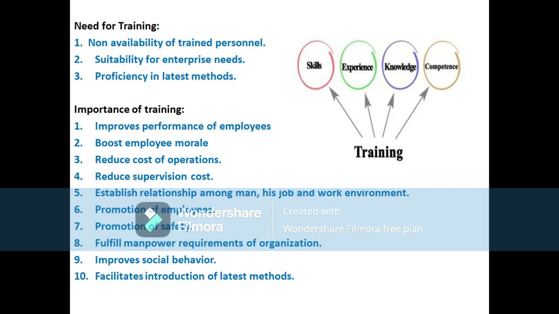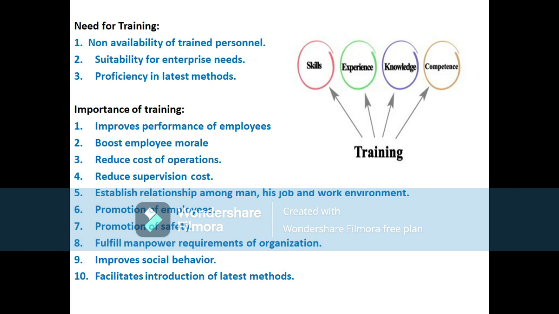Now coming to the second one, boost employee morale. It enhances the morale of the employee, because training gives an employee confidence, confidence in handling the job assigned to him by the organization. It enables him to achieve the performance required by the job.